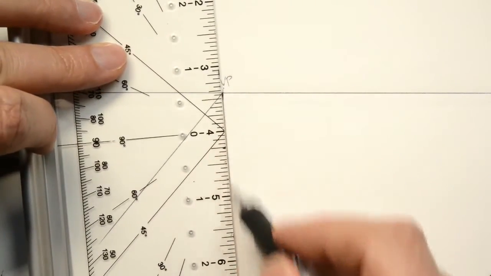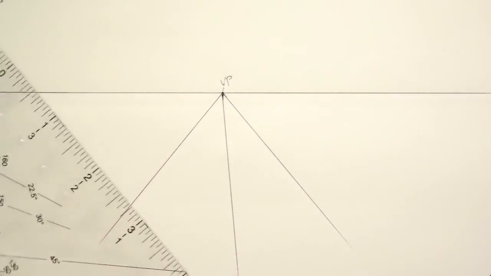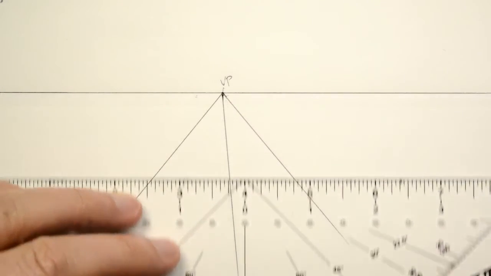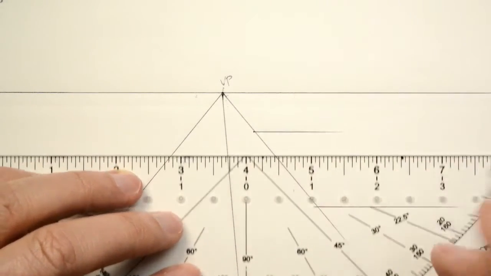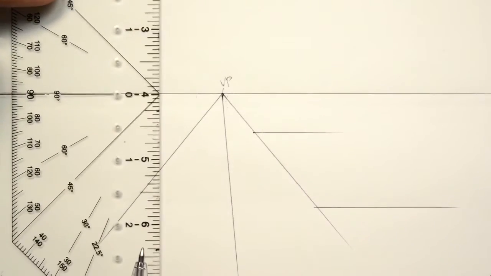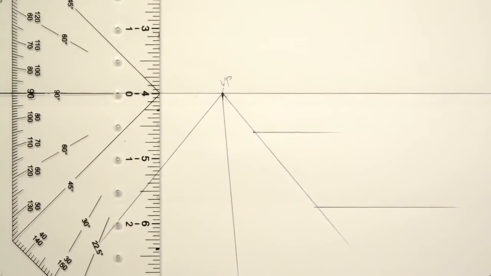Let's do something like this, and then this is going to be similar to the one in the book. I'm going to put a step up like that. Let's see, let's draw vertically now to the horizons. This is just going to be 1-point perspective.